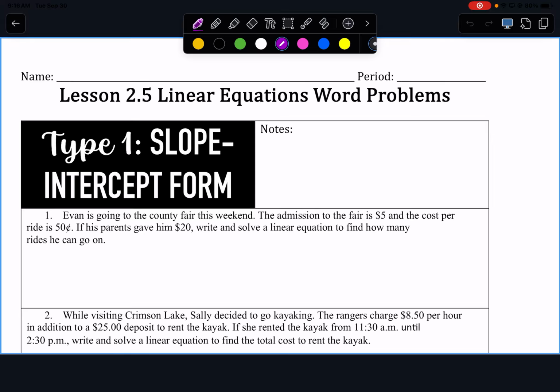The project really covered all of our graphing skills, but it didn't cover writing equations, solving linear equations, any of the other stuff we did this unit. I'm going to try to give y'all the review at the end of class tomorrow, and then we're going to work on it on Thursday.